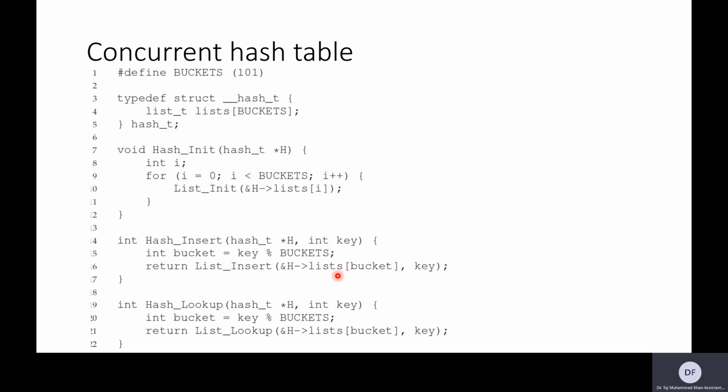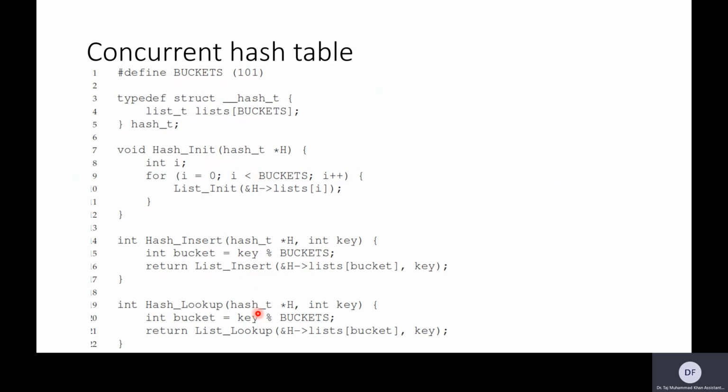So each new value will be inserted in one of these 101 linked lists. Inside this list insert, we've already seen that this list insert function will be following that protocol, and it would be basically inserting this element inside the linked list in a thread safe manner.